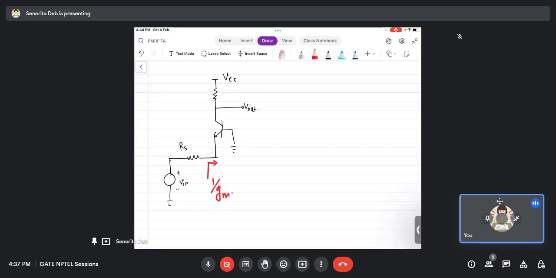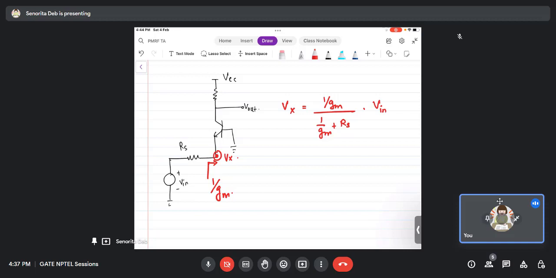So if I find the voltage at this point, and apply the series voltage division rule, I will get my gain. So this node is, let's say, Vx. What is Vx? Vx is nothing but 1 by Gm divided by 1 by Gm plus Rs, into Vin. I hope this one is clear.